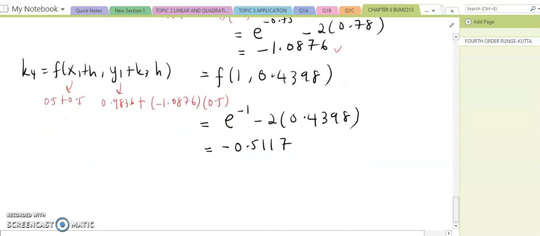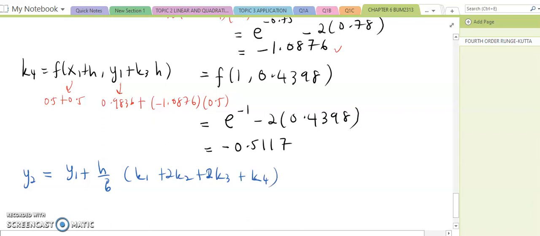And finally, we can find the y2 value. So y2 equals y1 plus h over 6, k1 plus 2k2 plus 2k3 plus k4.